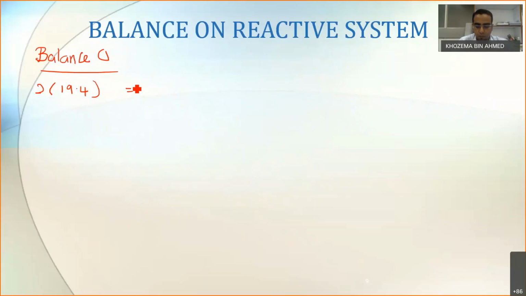It's equal to, now if I look at my output side, I have 2 atoms or 2 moles of oxygen in my 1 mole of unreacted or leftover oxygen molecule, and I have labeled that mole to be N2, plus I have oxygen in my CO. So 1 atom of oxygen in 1 molecule of CO, so 1 times N3, this is my mole of CO, plus I have 2 atoms of oxygen in 1 molecule of CO2, so 2 times N4.